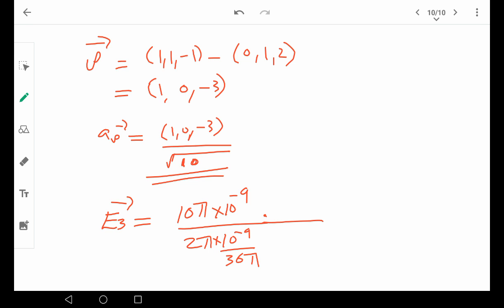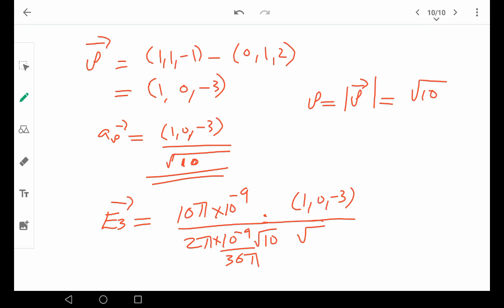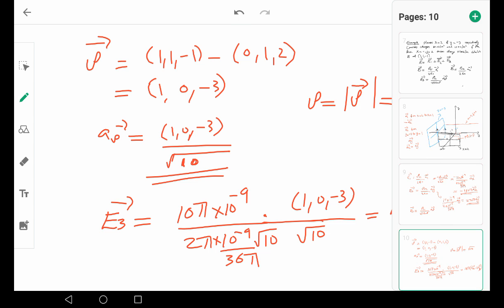What is rho? Magnitude of rho equal to square root of 10. So you have 10 here, then you have again square root of 10 here, then you have 1, 0, minus 3 divided by square root of 10 again. So altogether it will become 18 pi ax minus 3 az.